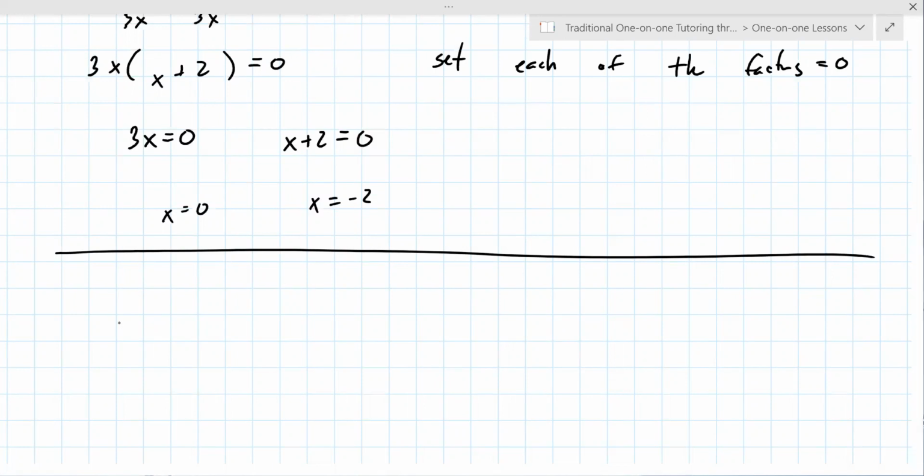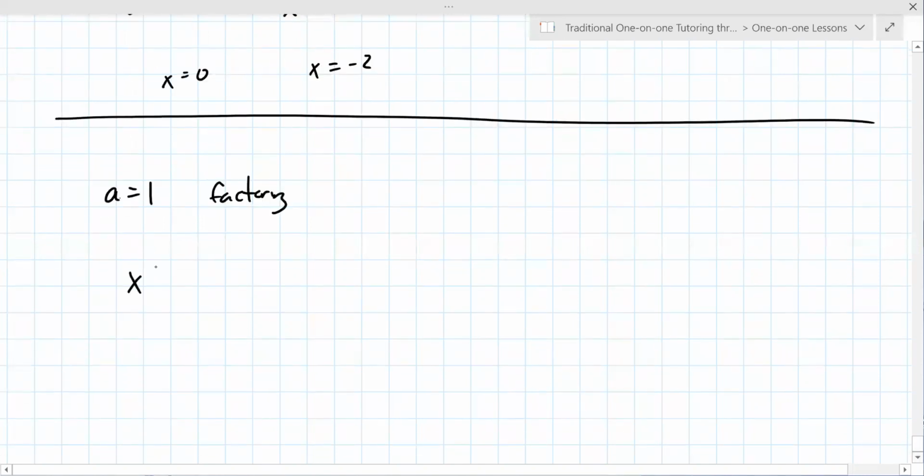So another that you might see here is a equals 1 factoring. So you might get something like this: x squared plus 5x plus 6 equals 0. Would you divide it by x? No, a equals 1 factoring is where you create these binomial pairs.